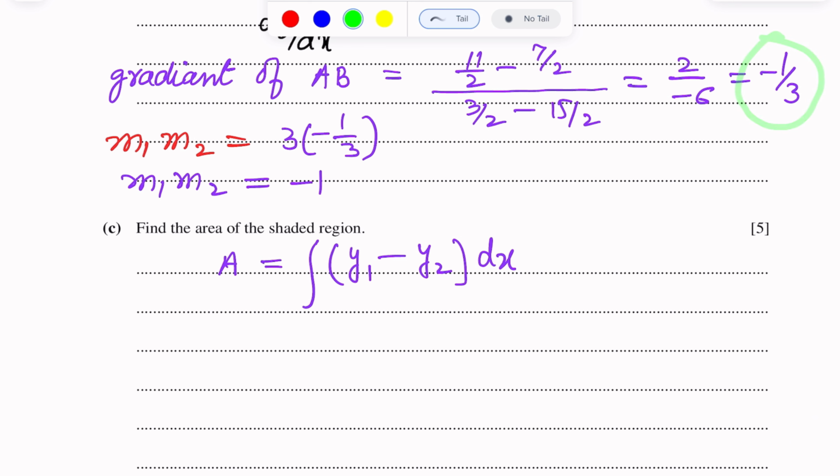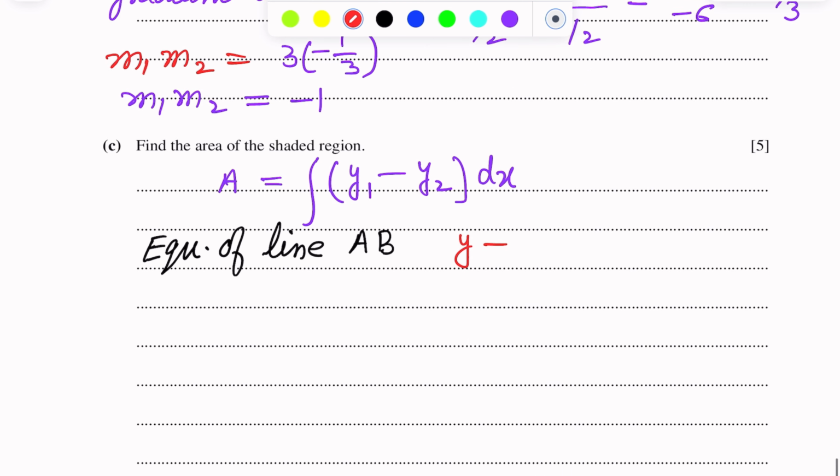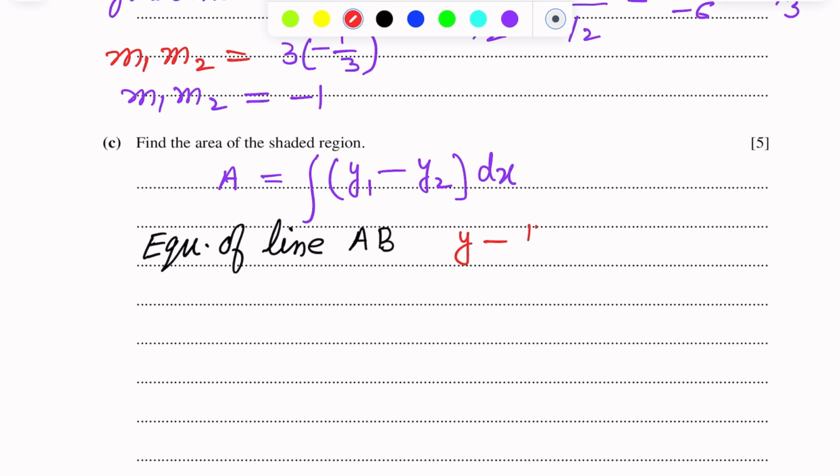So first we will find the equation of line AB. y minus y1, y minus y coordinate of point A, that is 11 over 2, equals gradient negative 1 over 3 times x minus x coordinate of A, that is 3 over 2.